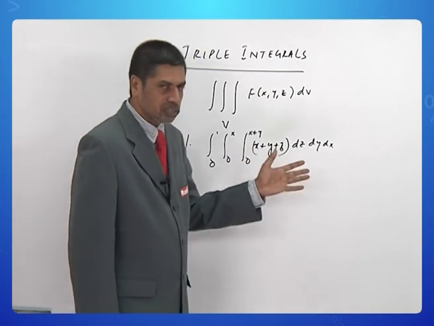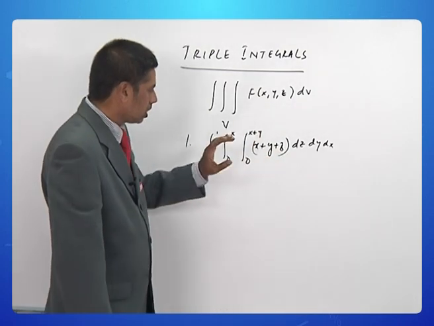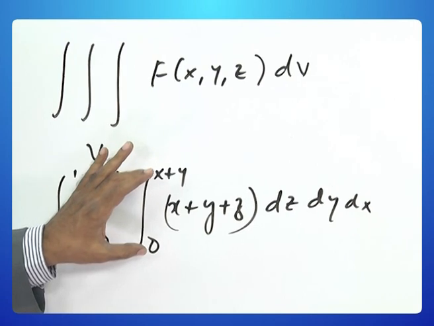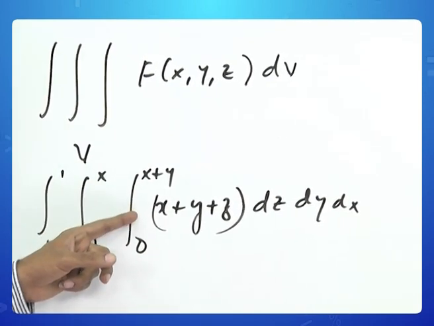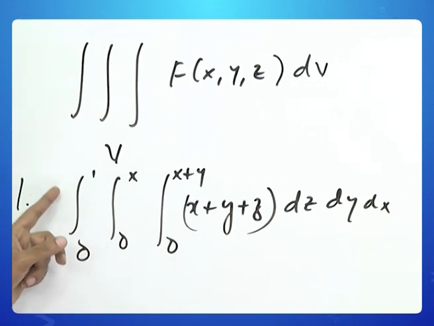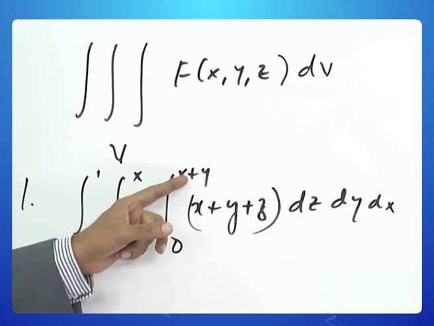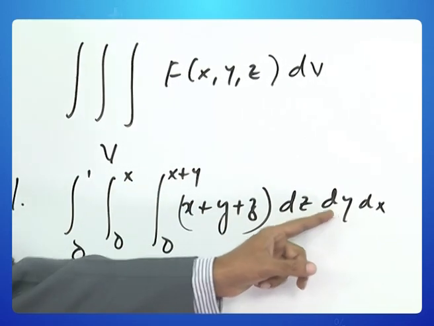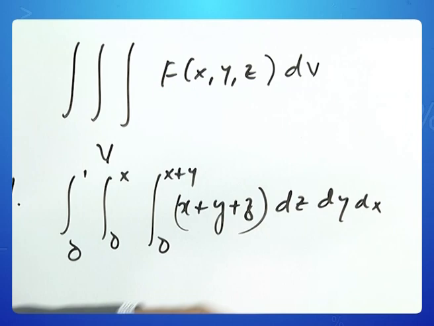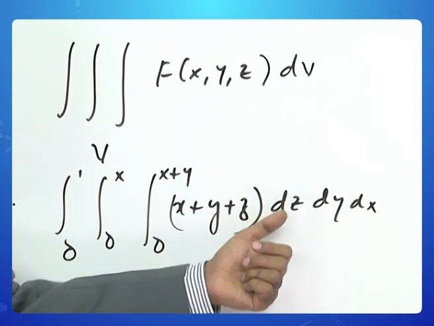So the technique is very simple. You have to follow very clearly what are the limit structures right from inner to outer. This is the innermost integral, this is the middle integral, this is the outer integral. So functions of x and y here means z first, functions of x here means y, then finally with respect to x. So we'll integrate this with respect to z first.